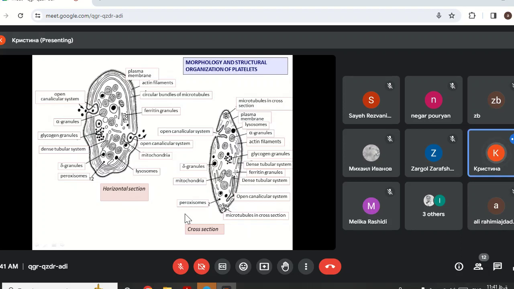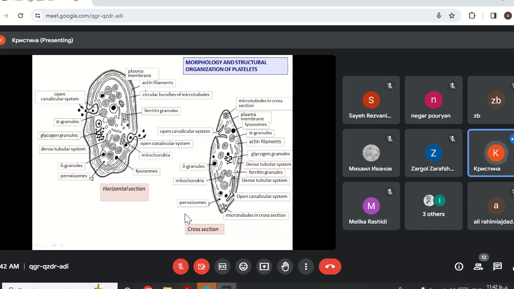In cross section here we have microtubules, and at the periphery microfilaments. The membrane of thrombocytes is covered with carbohydrate chains with negative charge. So this is the glycocalyx, negatively charged.